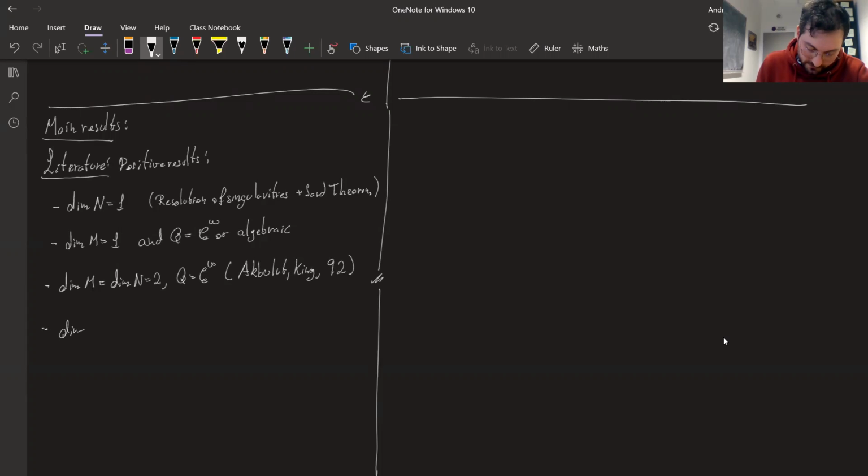If the dimension of m is smaller or equal than the dimension of n, which is smaller or equal than 3, and Q is the algebraic, then this is a result of Kollár and Kurdyka, in a series of papers from 2002 to 2015.